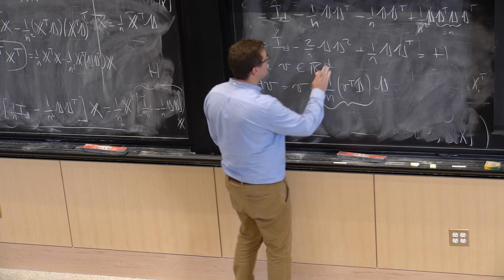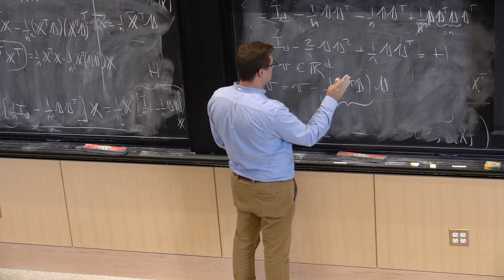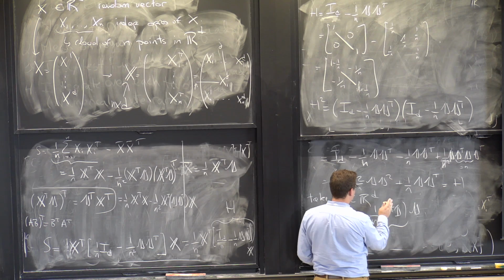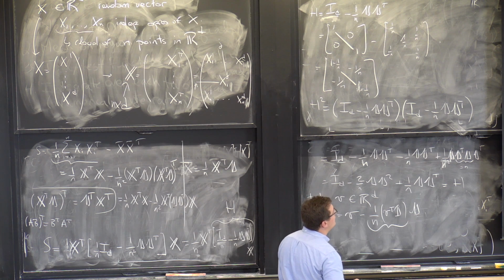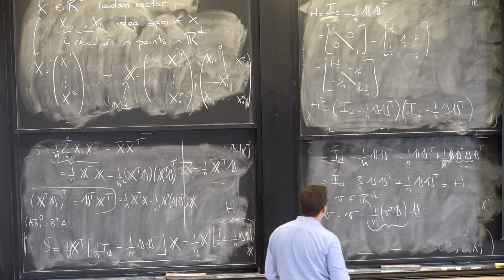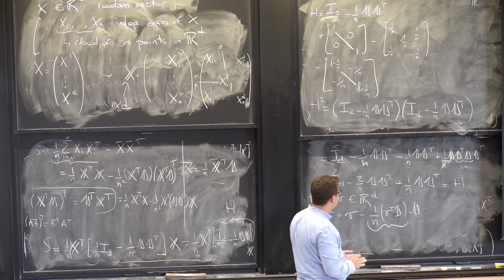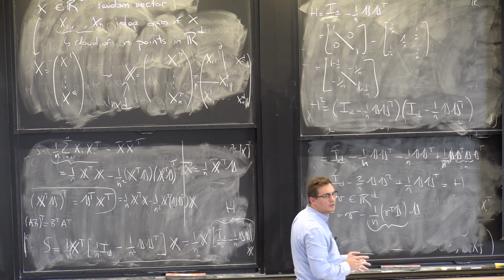Sorry, now V is in R^D, right? So why do I divide by n? So it's not really V bar.